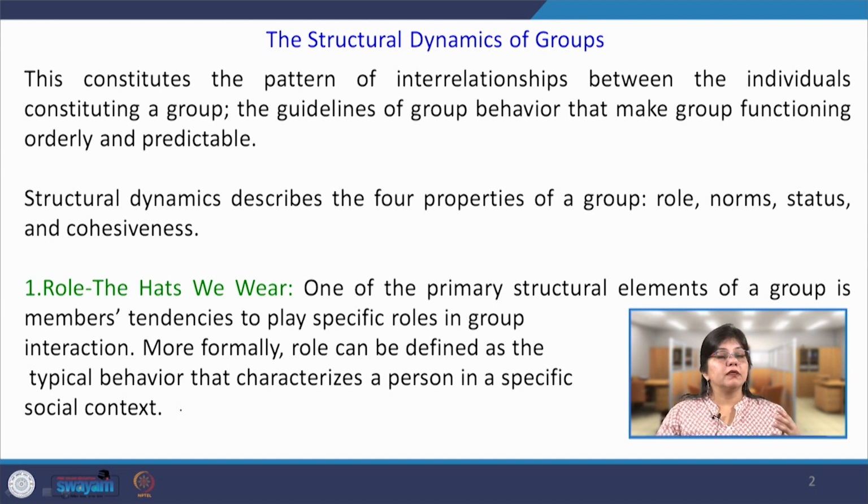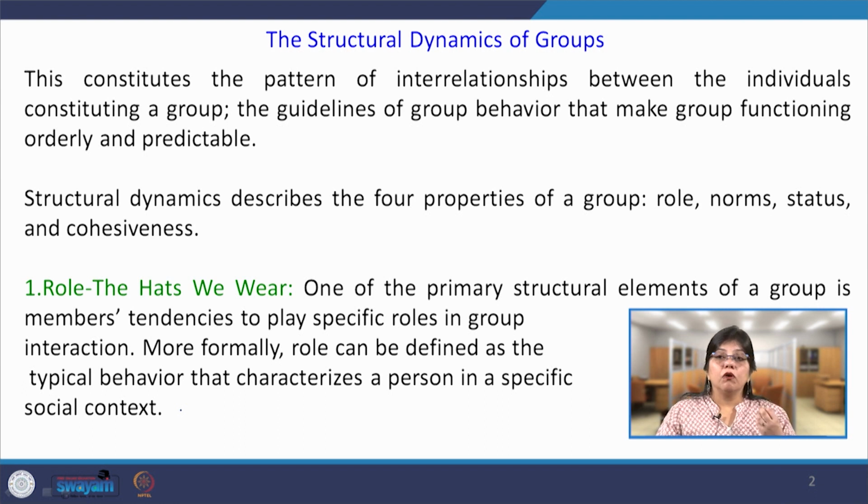Now, this role not only requires the knowledge, skills and abilities to perform a function, but it also entails the interaction that takes place among members. These are the tendencies of the members, that an individual performs a behavior in a very specific manner, which can be defined as a typical behavior that characterizes a person in a specific social context.